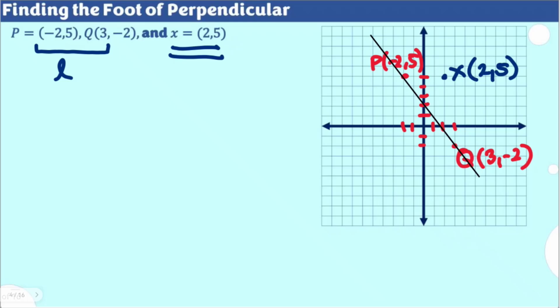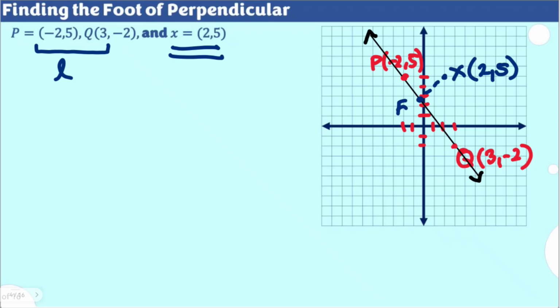So, arrowhead and arrowhead, okay? Assuming that it really intersects those two points P and Q, and then we have here our point X. In short, the foot of the perpendicular is somewhere here, if this will be perpendicular. Let's verify the location later as we try to solve for F.